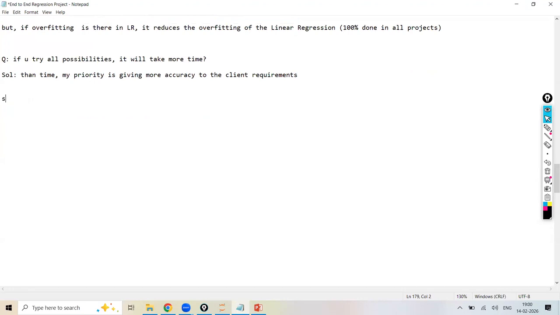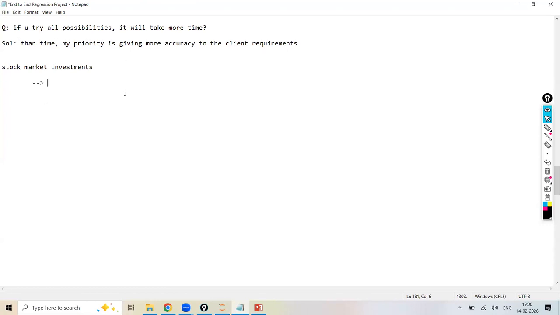Now, I'm working on stock market investments. And I have identified some strategy. From stock market investments, that is our present ongoing project in our company. Based on that, we have identified some logic or strategy.